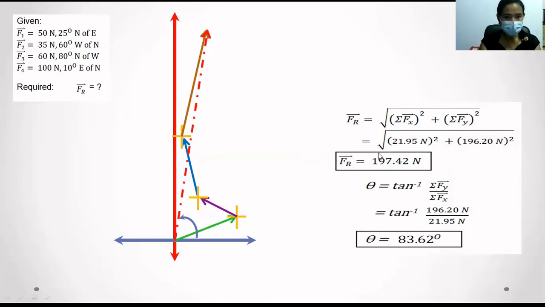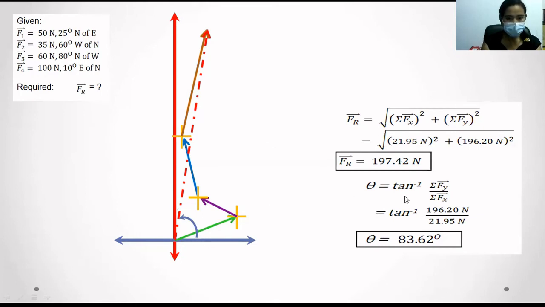Substitute the values. That's the square root of 21.95 newtons squared plus 196.20 newtons squared. The result would be resultant force is equal to 197.42 newtons.